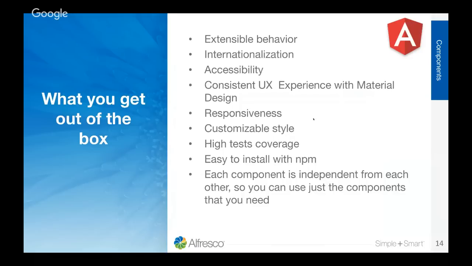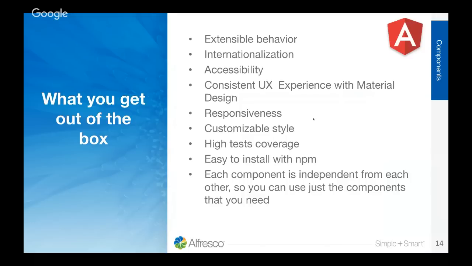So when you want to use one of these components, you are not forced to go on GitHub and download the whole repository. For those of you who are familiar with npm, you can just use the classic command, npm install and the name of the component. You will have this component installed inside your application.